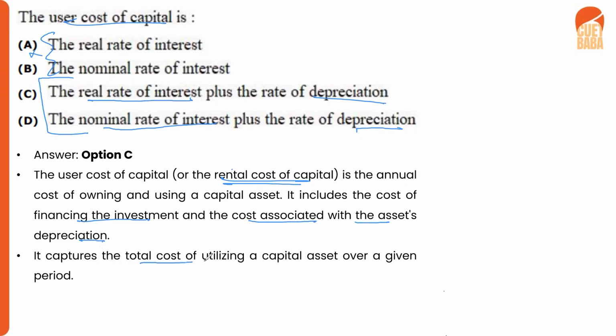So it captures the total cost of utilizing over a given period. That hints that it's a real rate of interest, as it's given for a certain time period, and based on that it shows the real rate of interest and the rate of purchase. So the user cost of capital, you have to remember, is also the rental cost of capital.